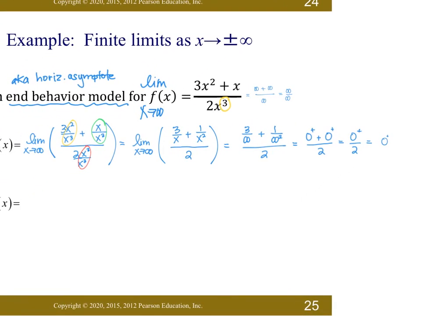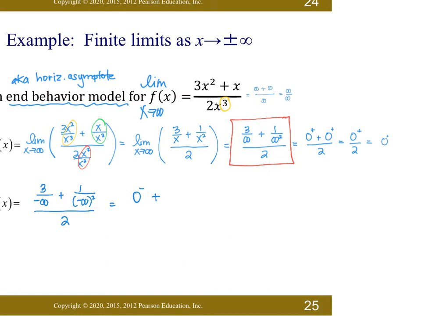Now let's check the negative. I'm going to borrow my work and drop in negative infinity instead. That would be 3 over negative infinity plus 1 over negative infinity squared, over 2. 3 over negative infinity is 0 minus, because I'm dividing by the negative.